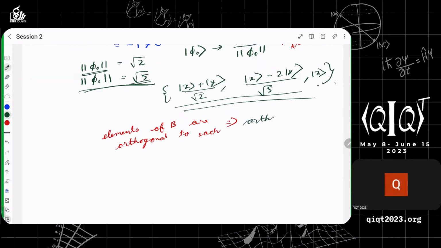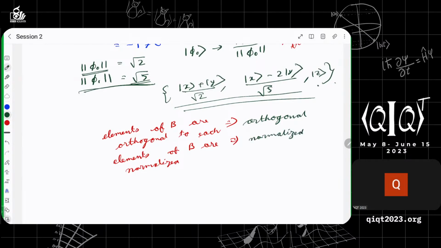And if the elements of B are unit vectors, or normalized, then we will call it a normalized basis.